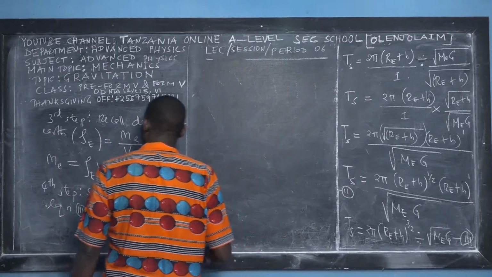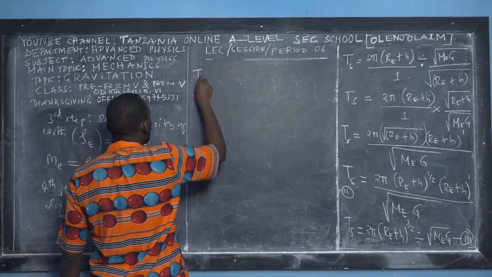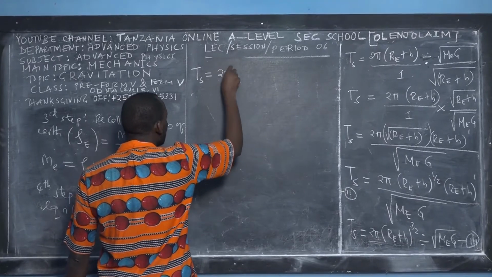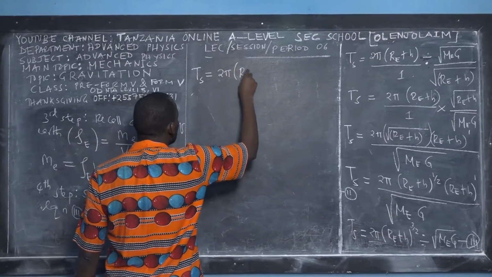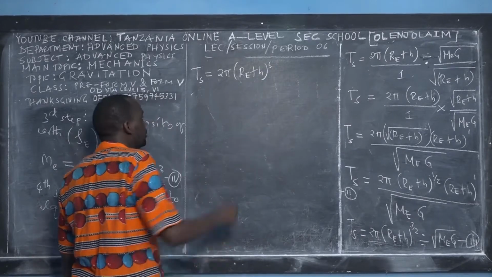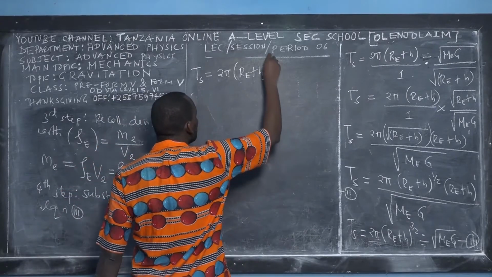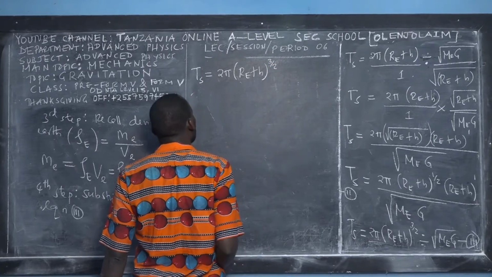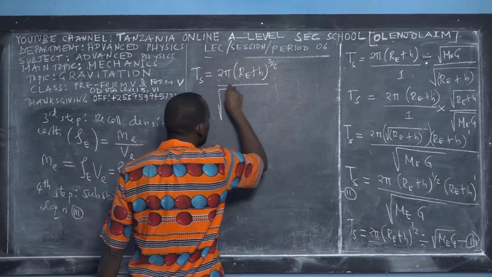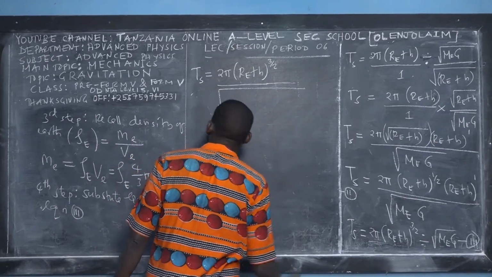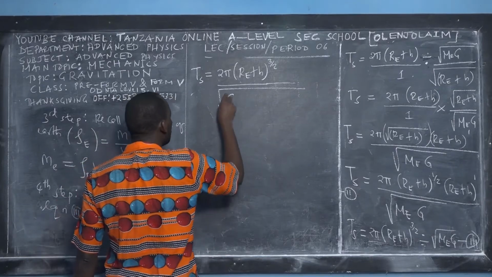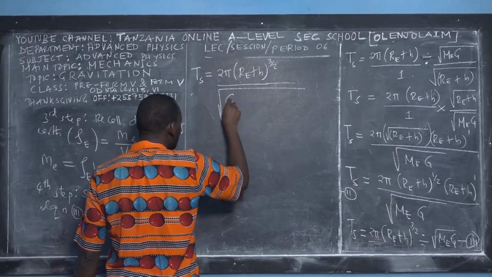If we substitute now, the period of the satellite is equal to twice pi, radius of S plus the height h to the power of 3 over 2, and then divided by mass of S times the universal gravitational constant.